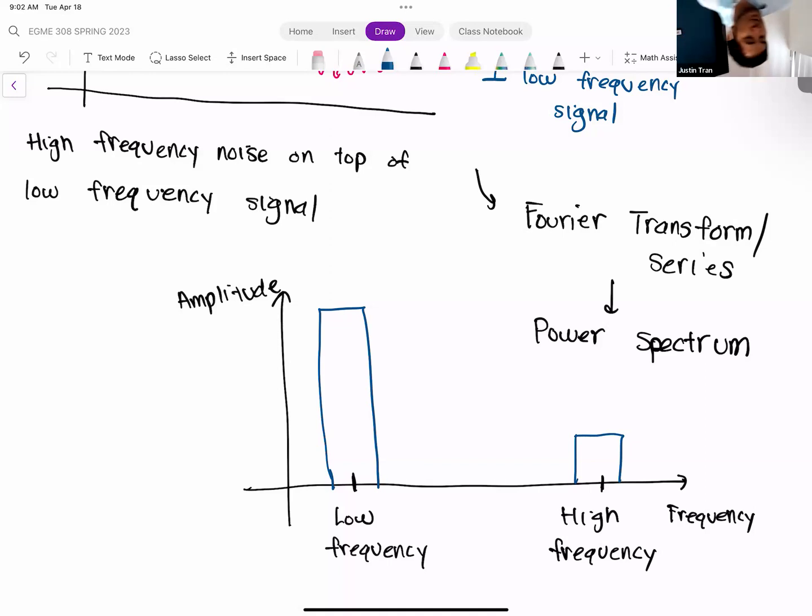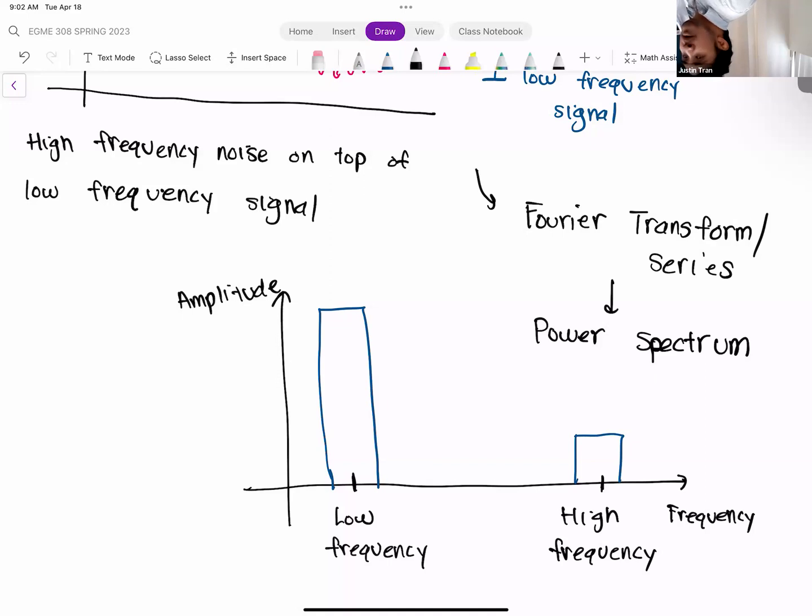Okay. All right, so Fourier basically gives us a way to compute this power spectrum. And it has a lot of other applications as well. If you play a musical instrument, I think guitar is the easiest one to visualize this with. If you pluck a guitar string, it plays a sound at a certain frequency.